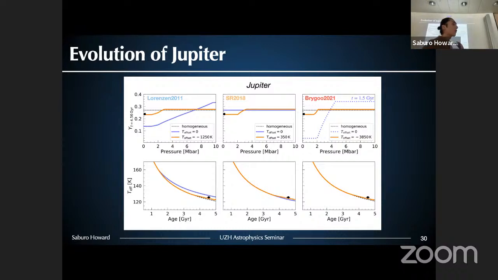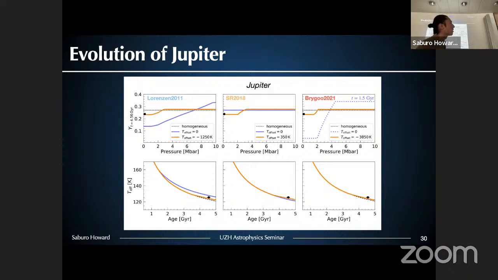So then we allowed for a shift in temperature of those phase diagrams to see if we can find solutions consistent with these measurements by Galileo. And here are the offsets in temperature that we need to apply in order to have an evolution model that is consistent with this evolution of Jupiter.